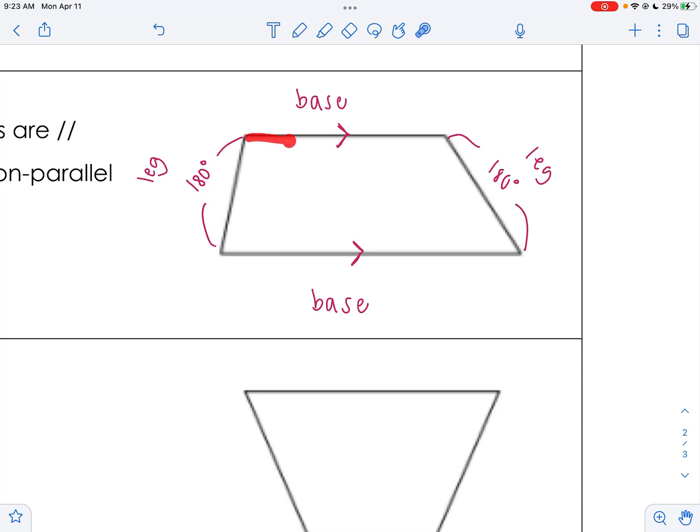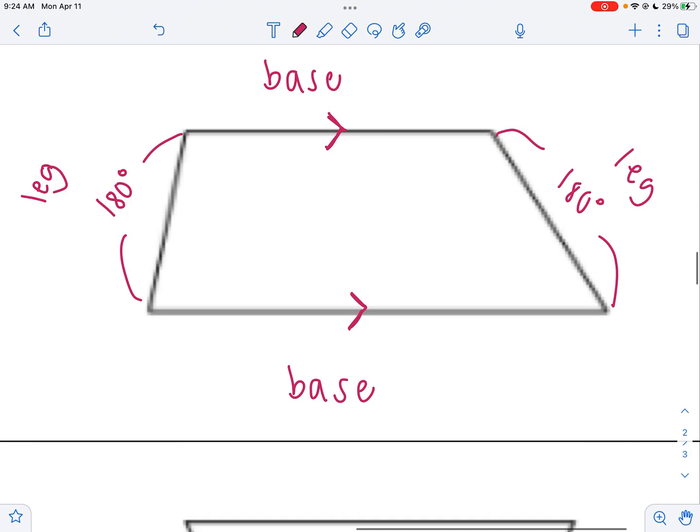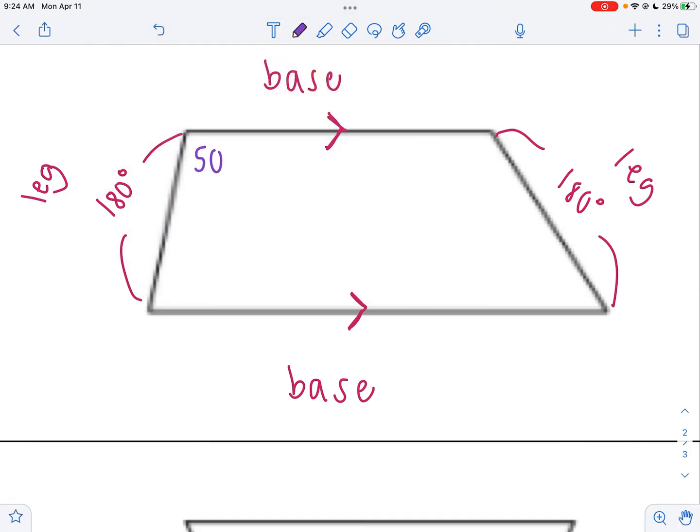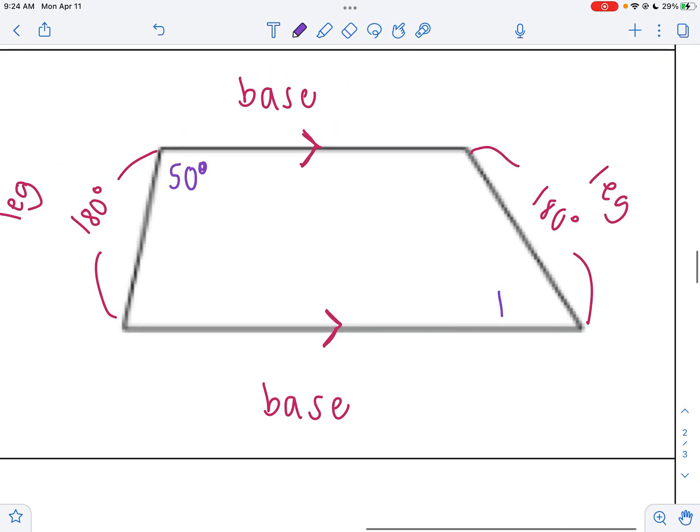Now, we don't know about the bases. These are probably not going to add up to 180. It might be a fluke if they do, but it's the legs that add up to 180. So, for example, let's say that this angle up here is 50 degrees, and this angle down here is 100 degrees. Well, it's the legs that I need to worry about.